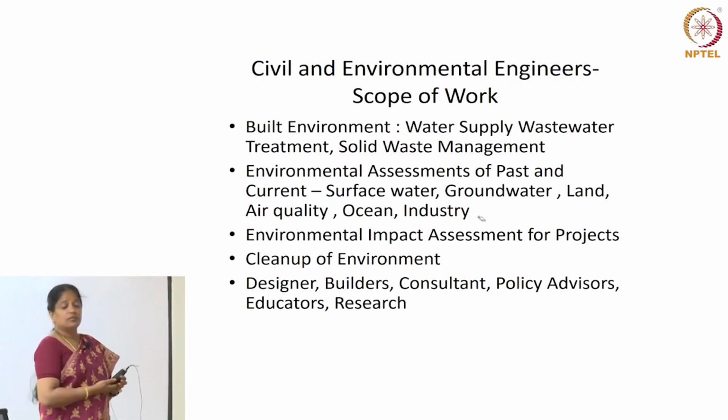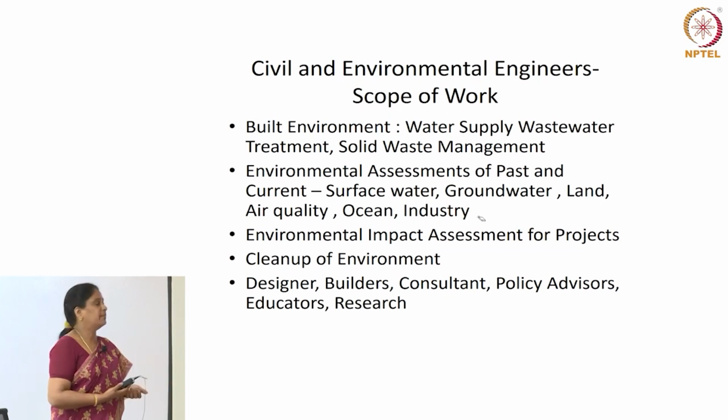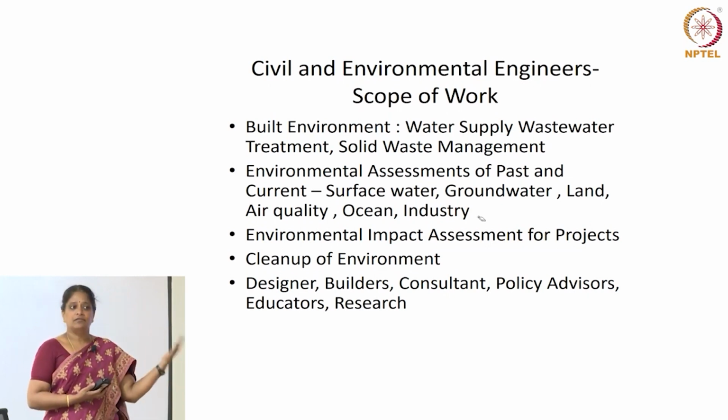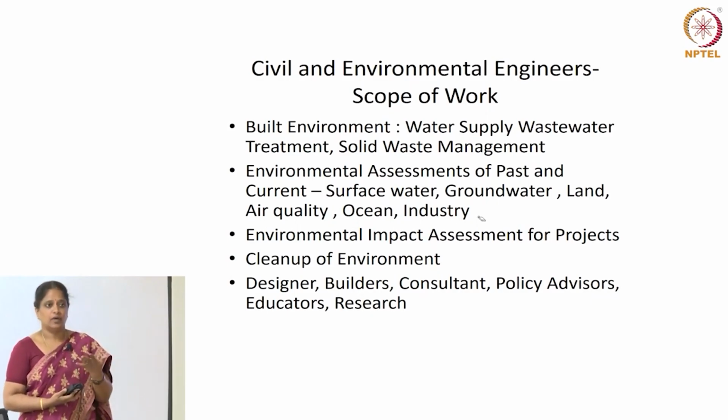So, what would you expect when you go out to work as a civil or environmental engineer? You will be doing basic stuff. What you learn in your BTech is all about water, wastewater and solid waste, the essence of it, and air. You will be introduced to all this more in depth on water and wastewater.